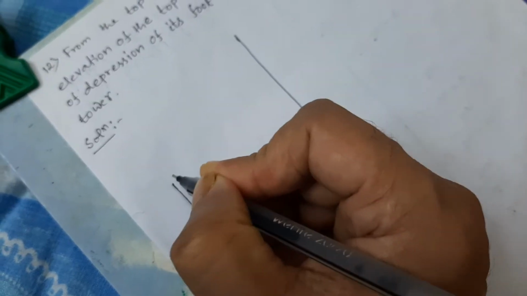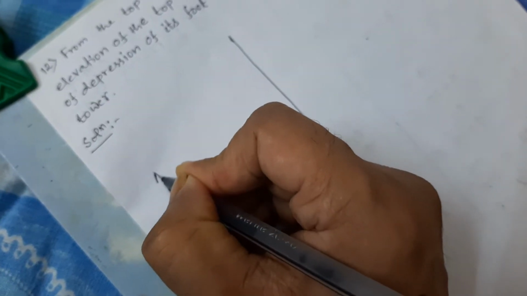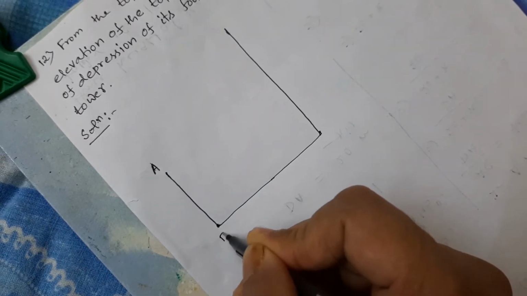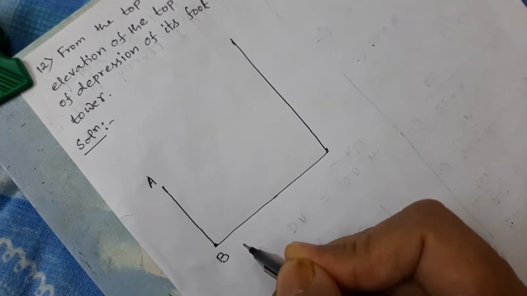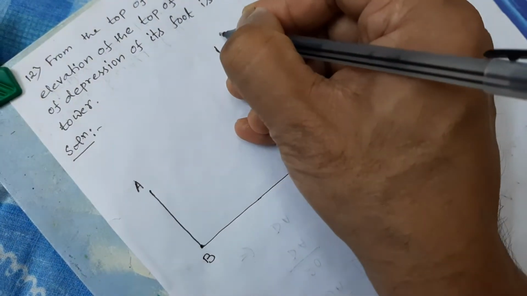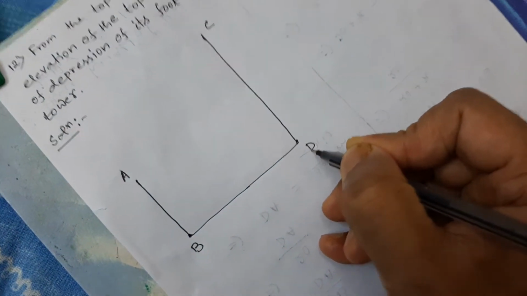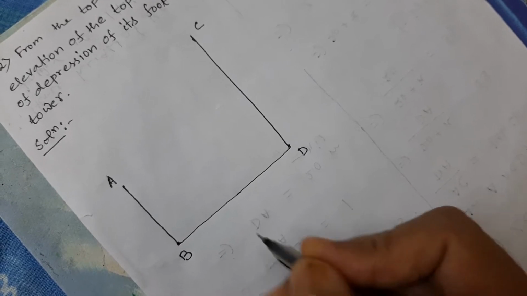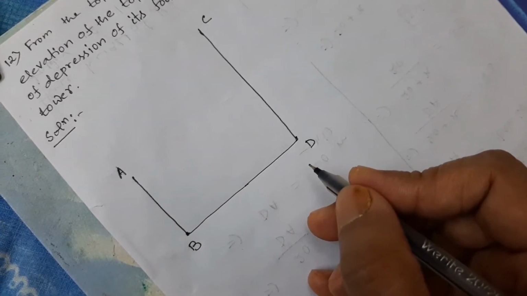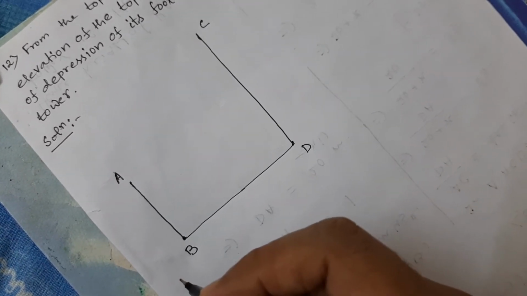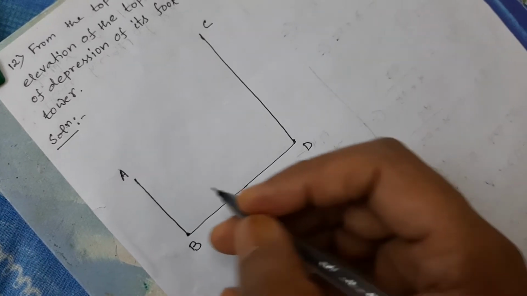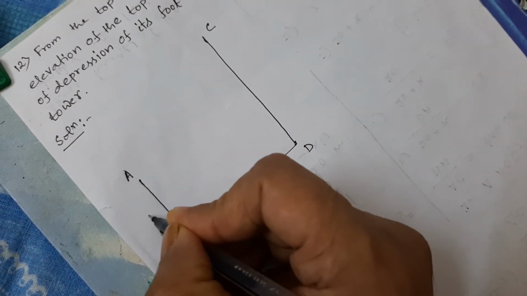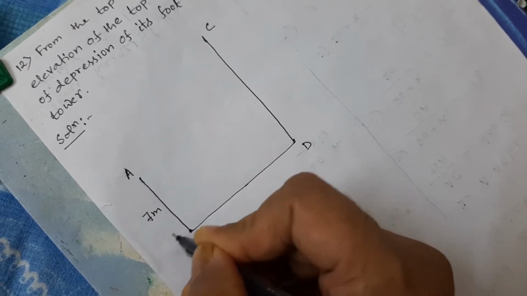Let A, B be the building and CD be the tower, and BD is ground level. The building is 7 meters high, so AB is 7 meters.